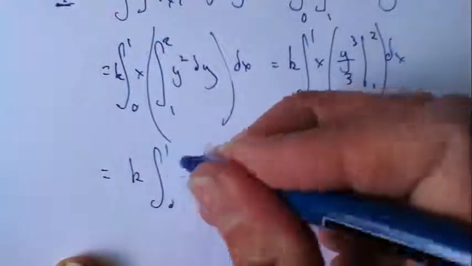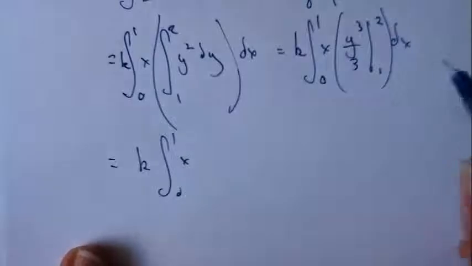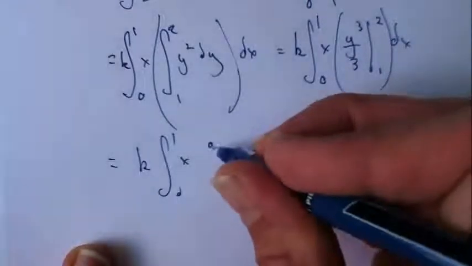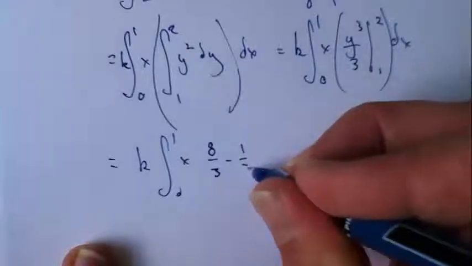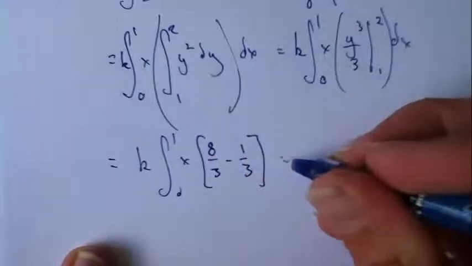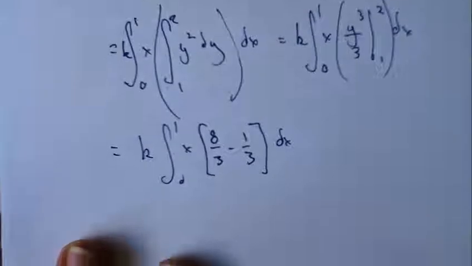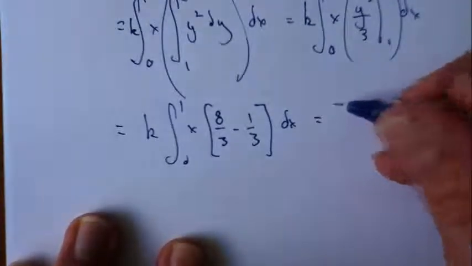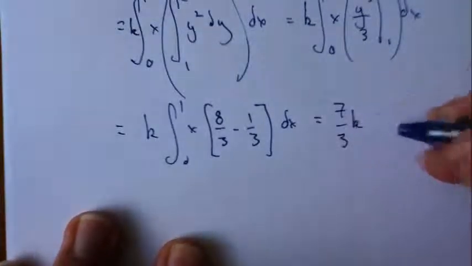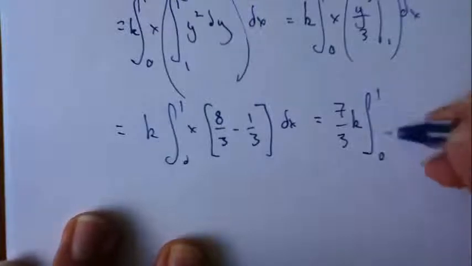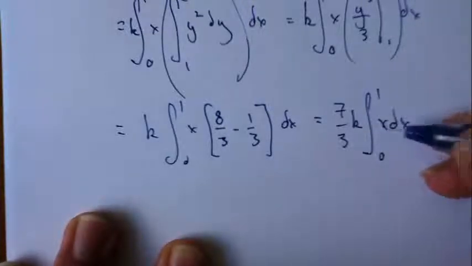So this is 8/3 minus 1/3. I think it's 7/3. Is that right? I think it's 7/3 k times the integral from 0 to 1 of x dx.